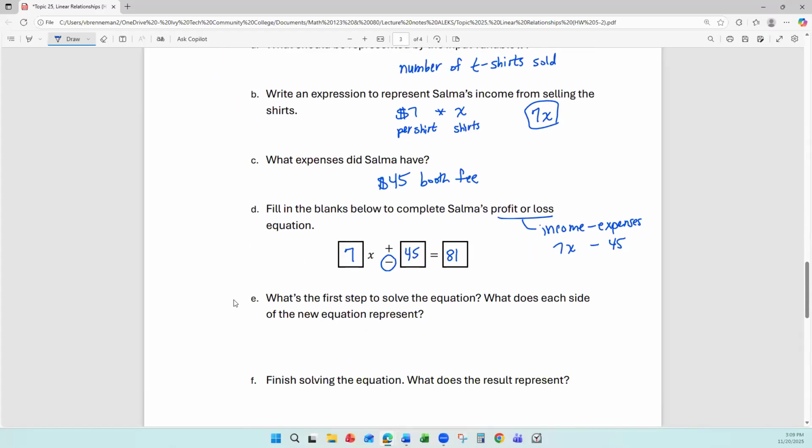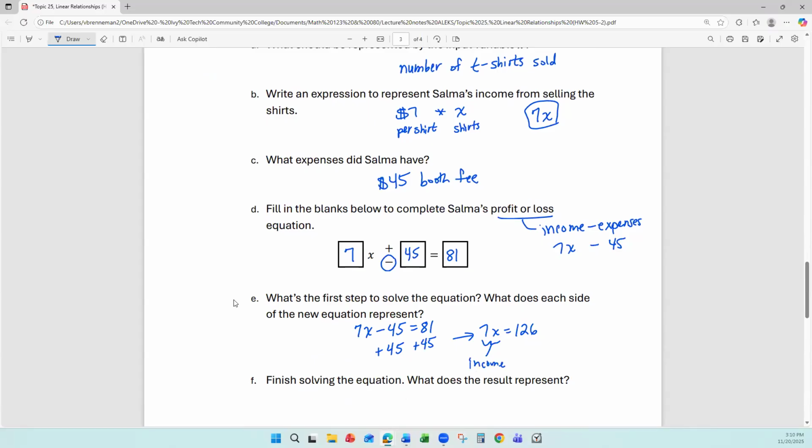So when we're solving this, 7X minus 45 equals 81. The first step is to add 45 to both sides and get 7X now equals 126. The 7X is what we said was our total, Salma's income.